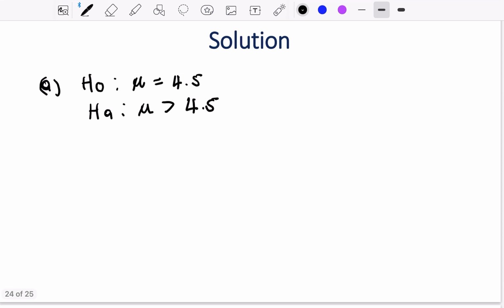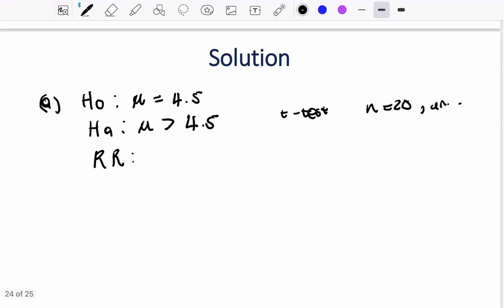Okay, so now our rejection region: because n is small, we will be using a t-test. Okay, n is 20 from an unknown population, so you have to use the t-test.